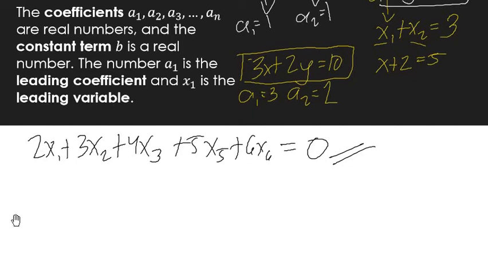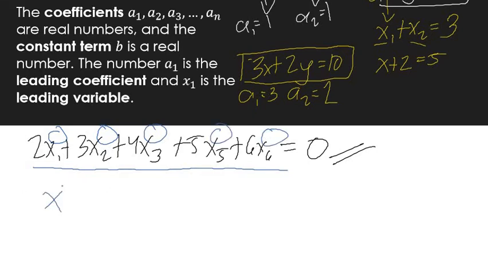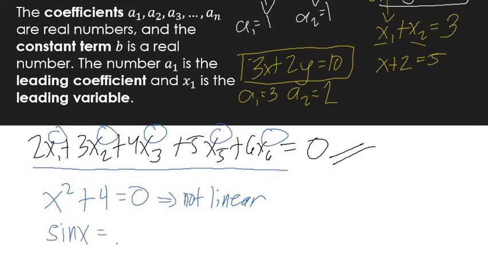Take note that linear equations should be of this form. Oops, there you go. That means when you look at the exponents, there should just be 1 as the exponent. If we will encounter something like x squared plus 4 equals 0, this is already not linear. Or if we will encounter equations such as sine x equals 1, this is also not linear.